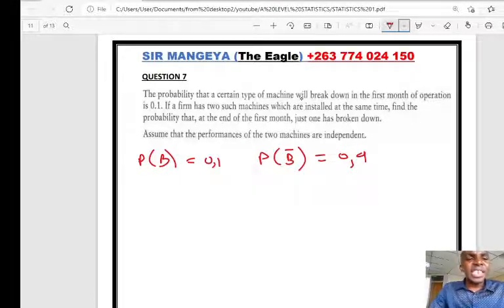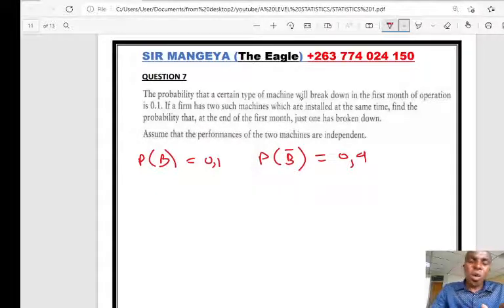Next, if a firm has 2 such machines which are installed at the same time, find the probability that at the end of the first month, just one is broken down. Assume that the performance of the 2 machines is independent.